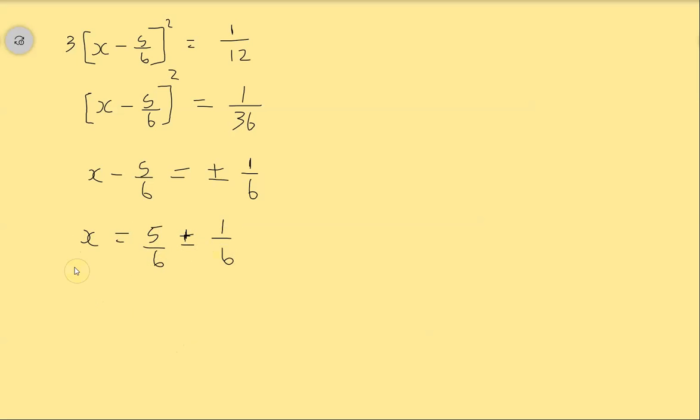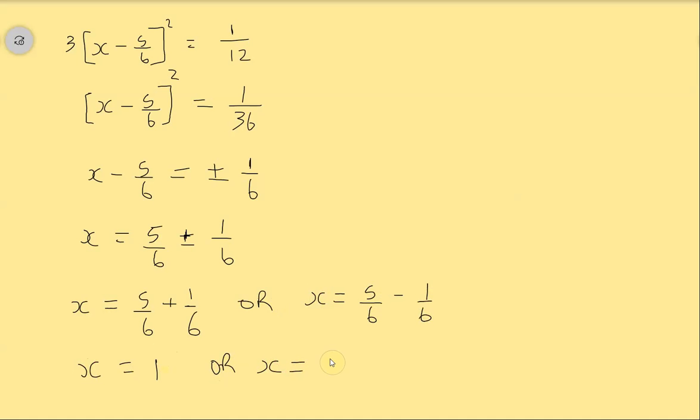Now all you have to do is just add, then subtract. X is equal to 5 upon 6 plus 1 upon 6, or x is equal to 5 upon 6 minus 1 upon 6. Therefore, x is equal to either 1 or x is equal to 4 upon 6.